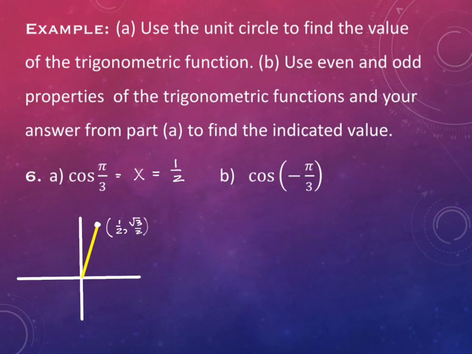So over here, when I'm looking for cosine of negative pi over 3, it's the exact same thing as the cosine of pi over 3. So I'm not ignoring the negative. I'm remembering that there's a property that says these things are equal. Okay? So if I do cosine of pi over 3, I will have the same thing I did on part A, and my answer will again be 1/2.